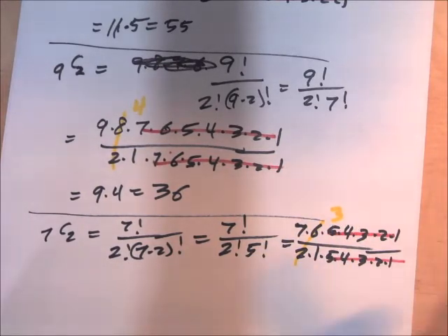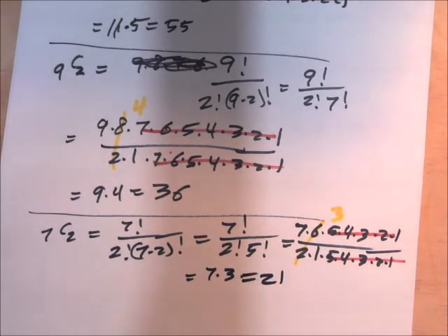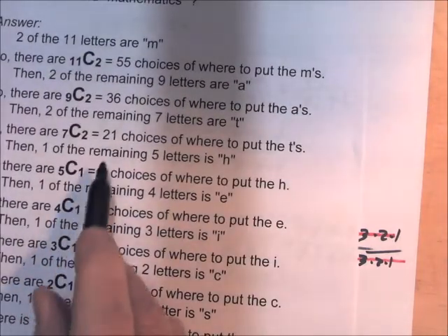So what's left is 7 times 3, which is 21. So 7 choose 2 is 21.